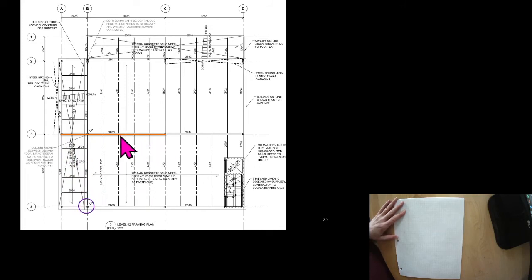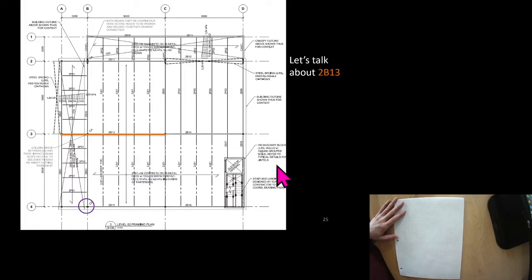And then I just want to talk to you about RB13 for a second. It's got a column here and a column here, so it's a simply supported beam. But look at this. This isn't a column below. Do you guys remember that CA means column above? It looks like this RB13 is picking up a massive point load right here.